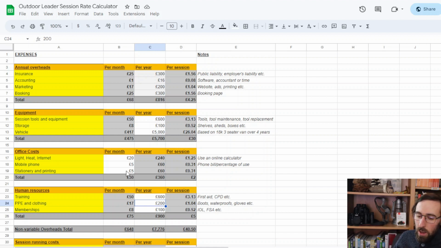So you should have an amount set aside for sturdy waterproof boots, for gloves, for waterproofs, things that keep you going when you're out in the field and enable you to stay warm and dry and look after the people in your session. You may also want to have a look at memberships of, say, the Institute of Outdoor Learning, the Forest School Association.